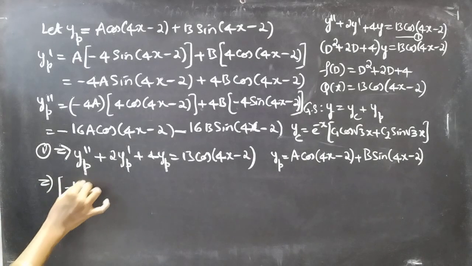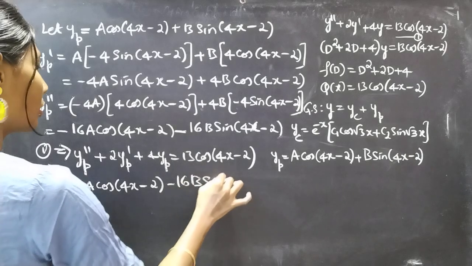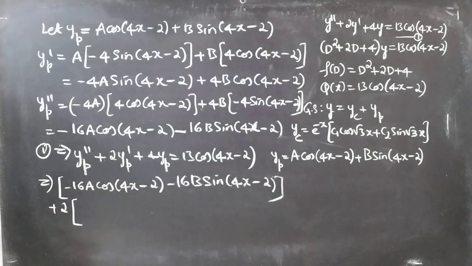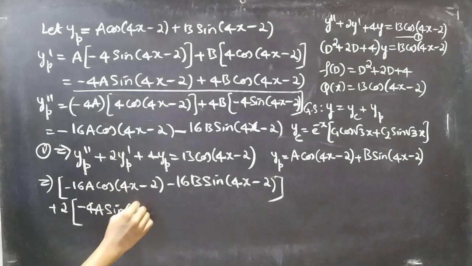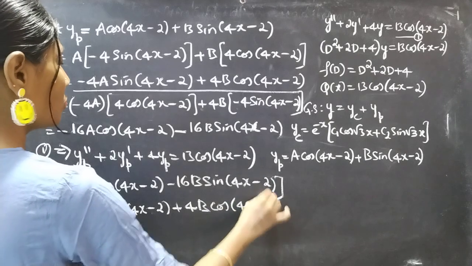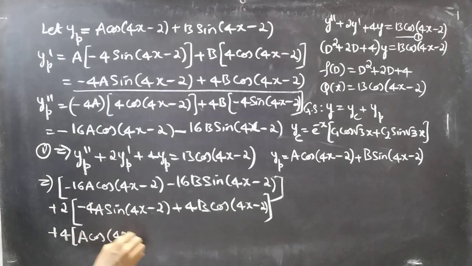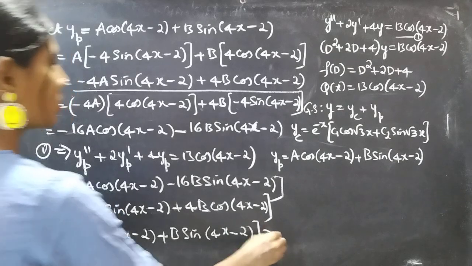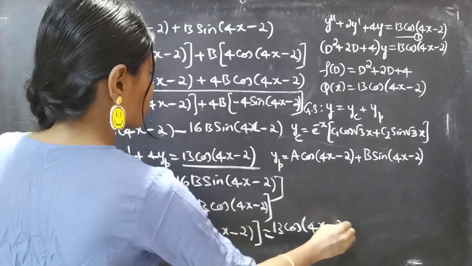Now substitute yp double dash, yp dash and yp in it. We'll have minus 16a cos of 4x minus 2 minus 16b sine of 4x minus 2 plus 2 into yp dash, minus 4a sine of 4x minus 2 plus 4b cos of 4x minus 2, plus 4 into yp, a cos of 4x minus 2 plus b sine of 4x minus 2, equal to the RHS part, 13 cos of 4x minus 2.